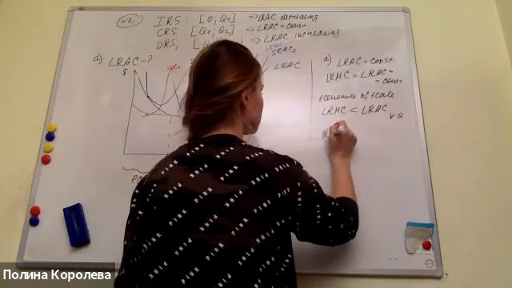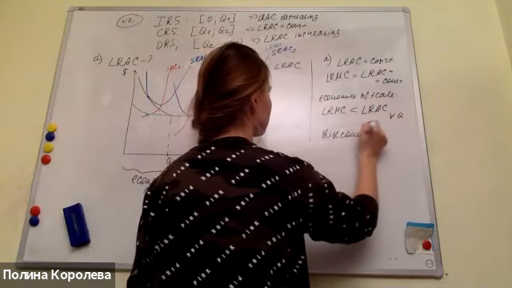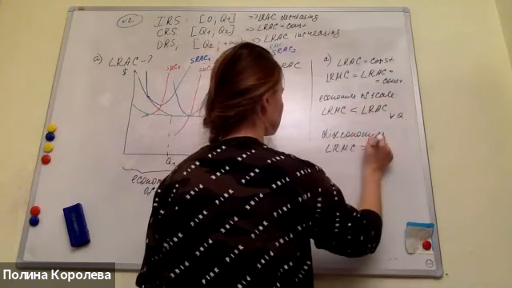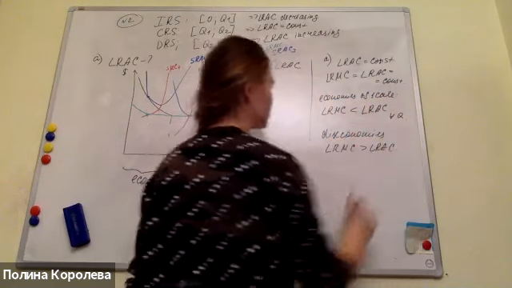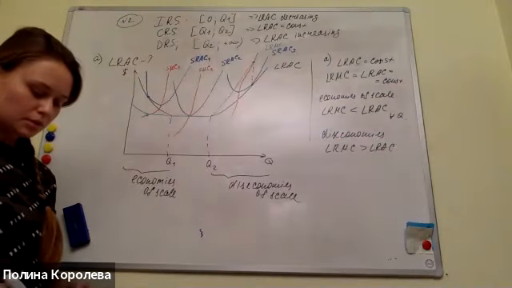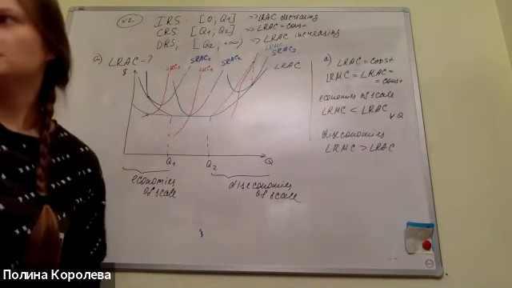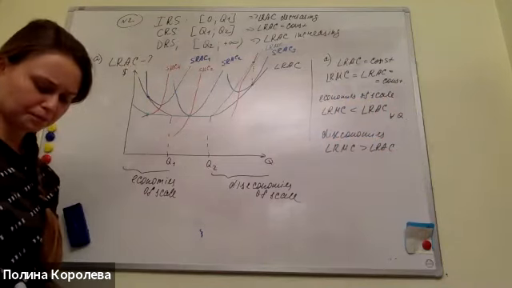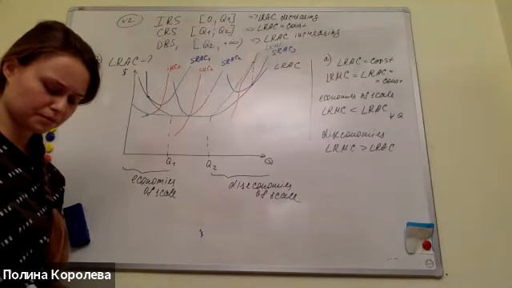When we have diseconomies, vice versa. Like this. You proved it in the lecture, but I don't want to prove it right now because we don't have a lot of time.